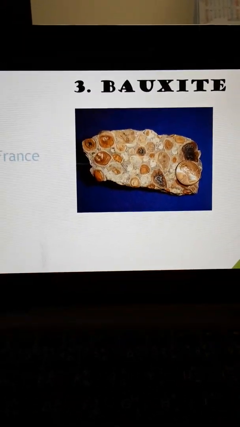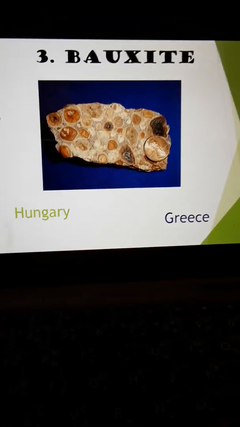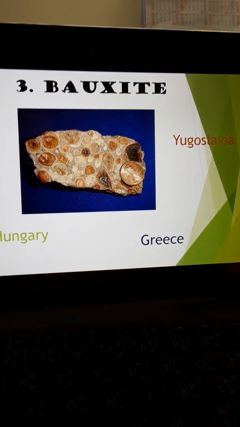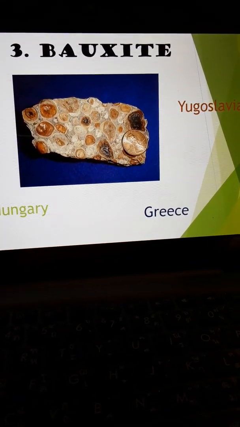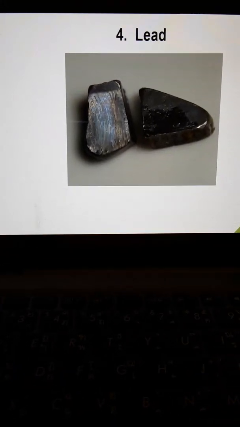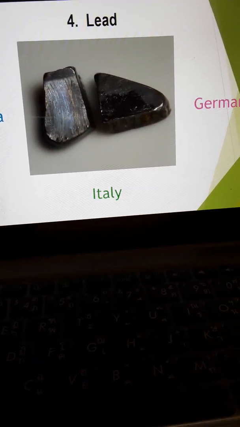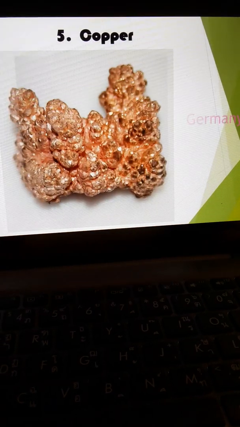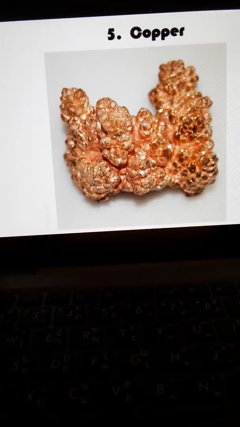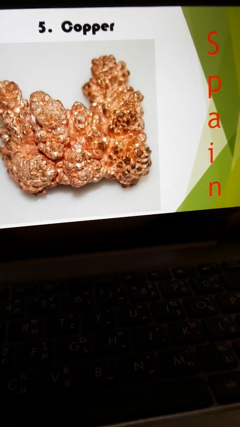Bauxite, okay? We have bauxite in France, Hungary, Greece, and Yugoslavia. Europe also has lead. This material is found in Bulgaria, Italy, and Germany. Copper, another important material, is found in Sweden and Spain.